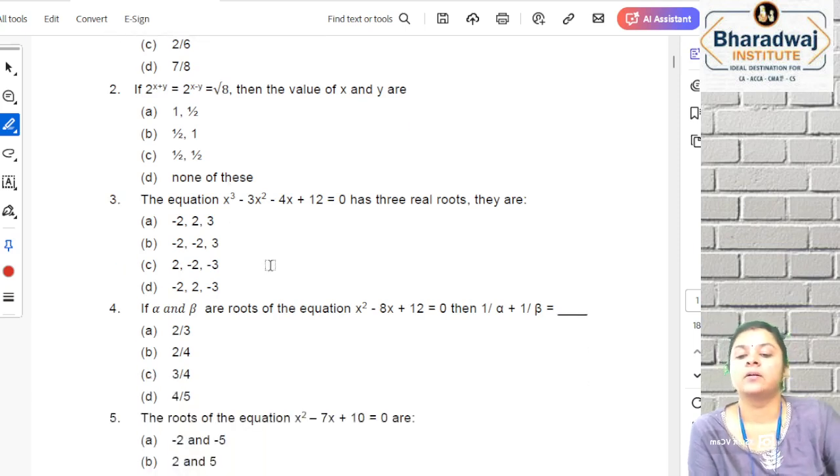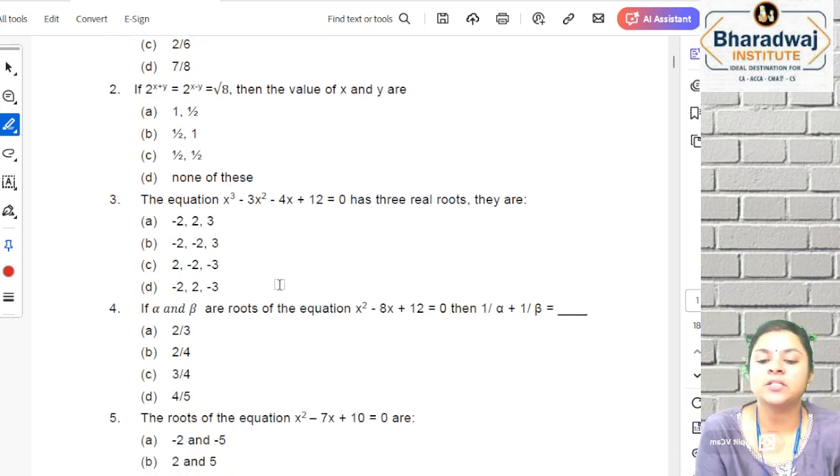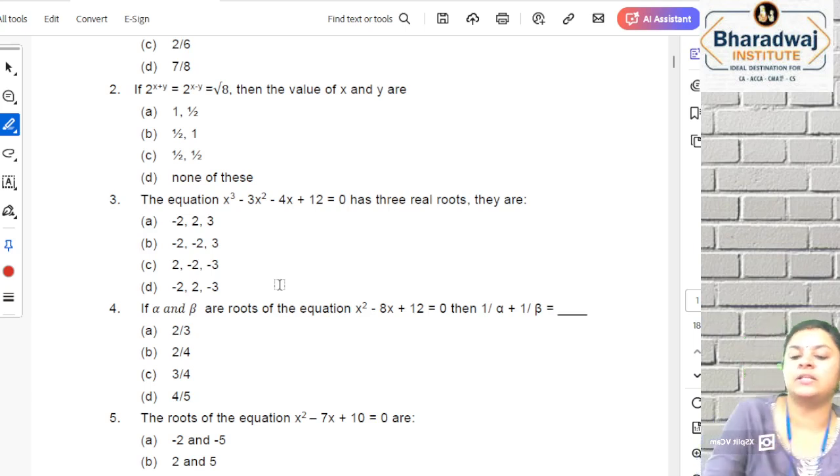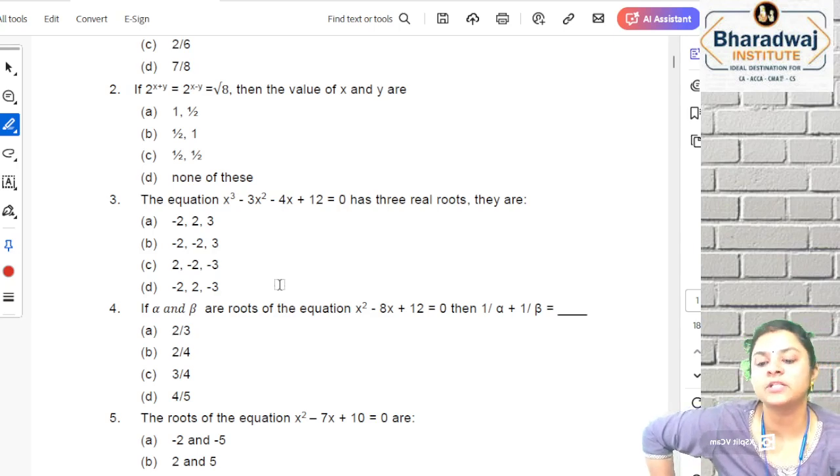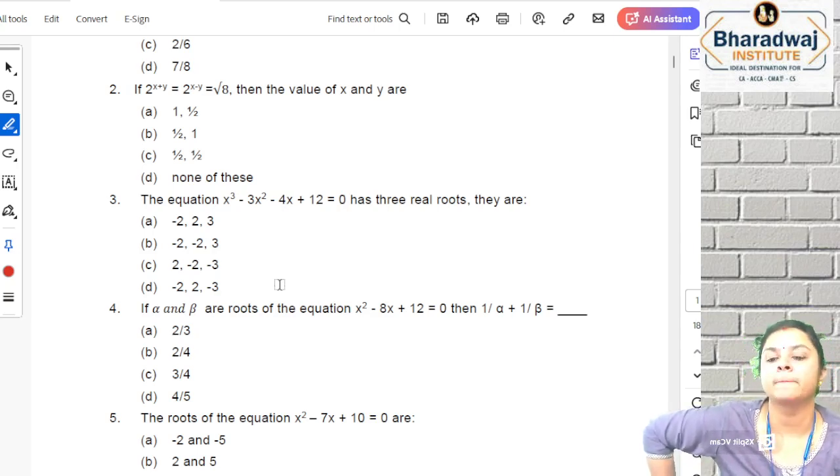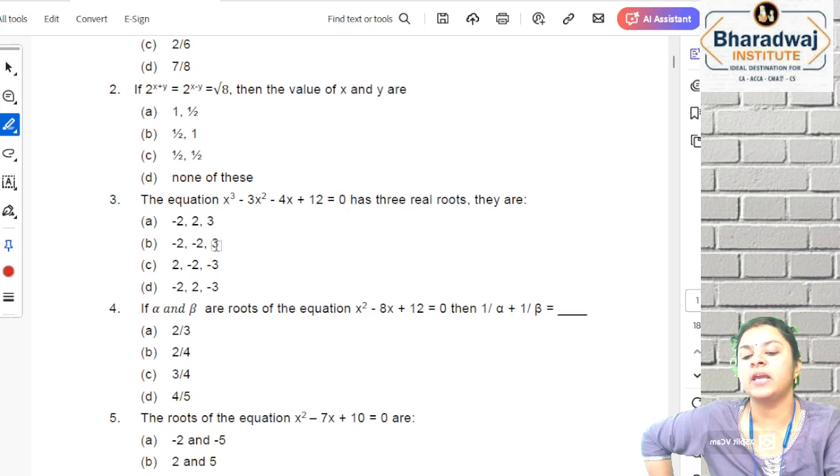Next. The equation 3x cube minus 3x square minus 4x plus 12 equals 0 has real roots. They are. So instead of solving the cubic equation, just use the substitution method. Shortcut: substitute the 3 options, 3 values, and see which one solves. I would suggest first trying 3 or minus 3.